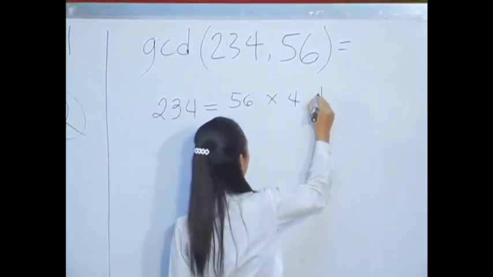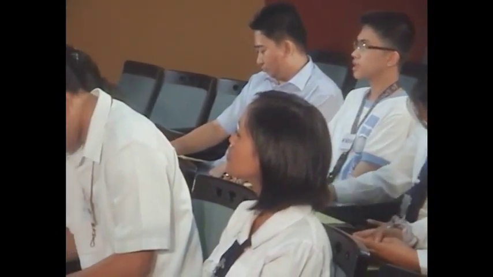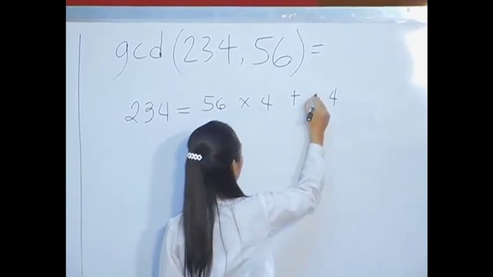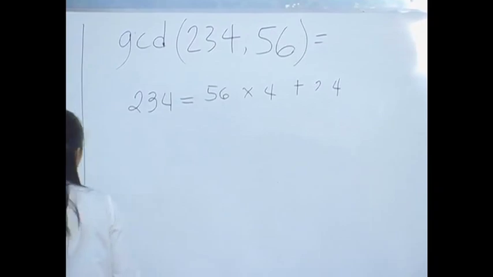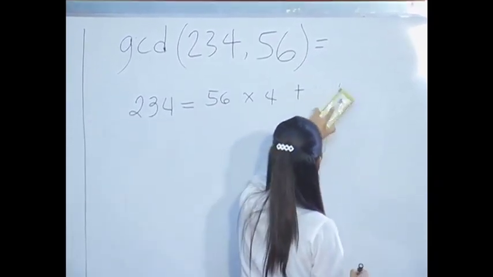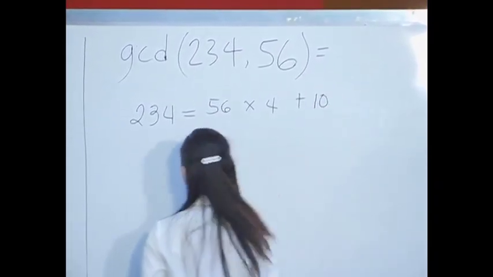That was fast. 56 times 4 is 224, so the remainder is 10.